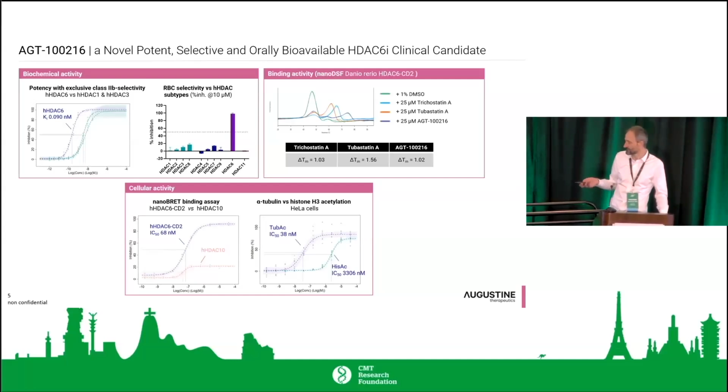And then in the functional assay, looking at tubulin acetylation versus histone acetylation, we showed double-digit nanomolar potency for inhibiting the acetylation of alpha-tubulin with a large window of about 100-fold versus the acetylation of histone H3.